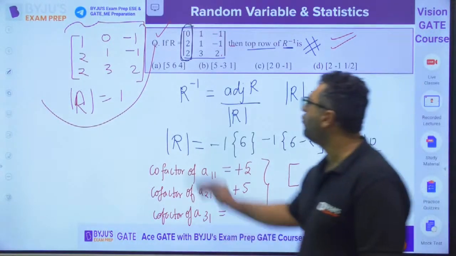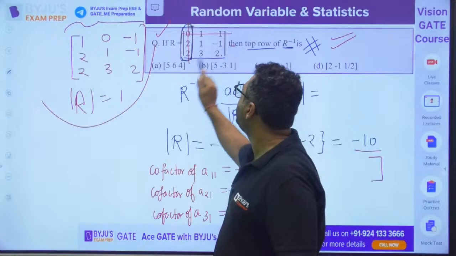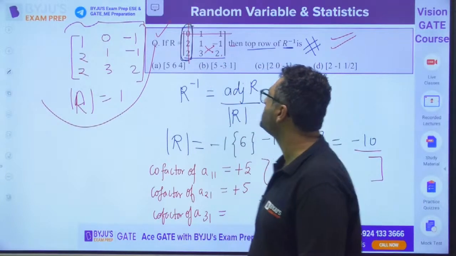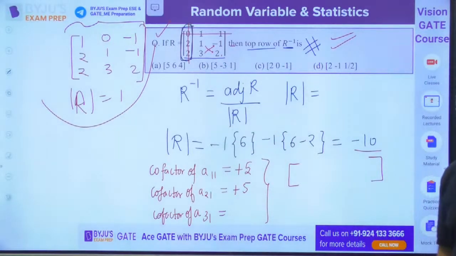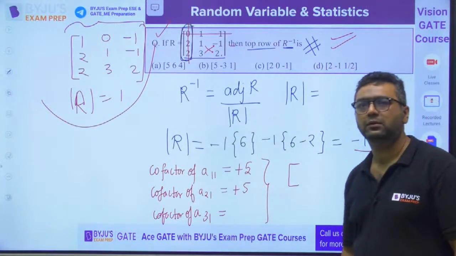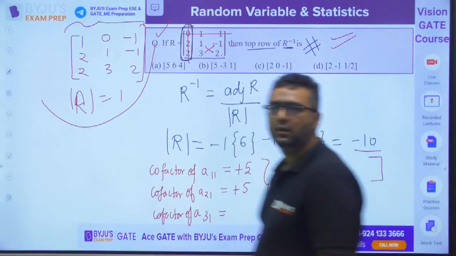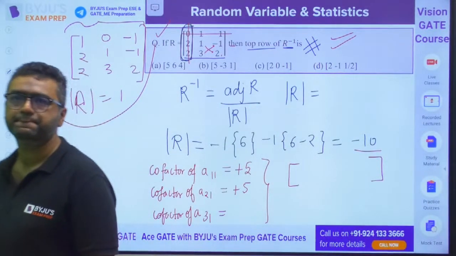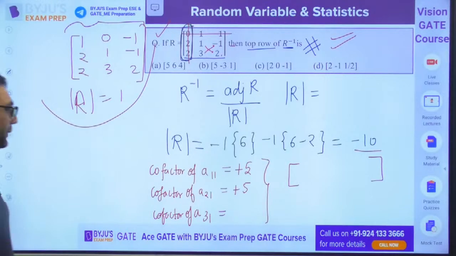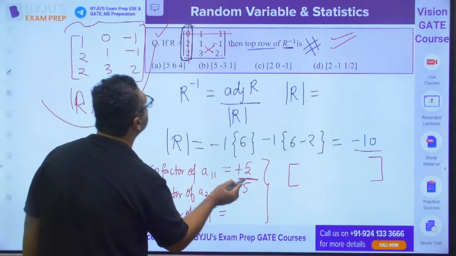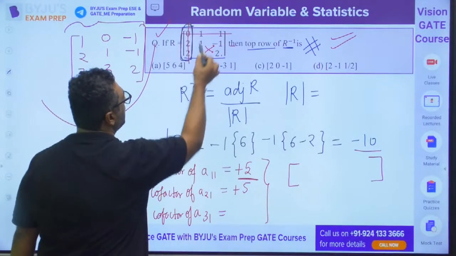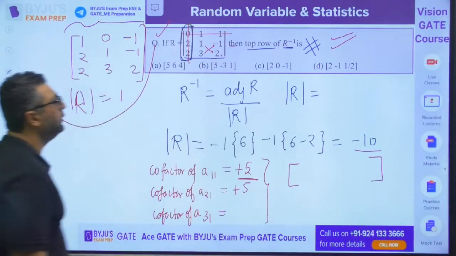When you find out the cofactor for this, it will be this into this minus this into this. Okay, Sai Kiran. What about others? Sai Kiran, please check the first cofactor for first row and first column, 2 minus of minus 3.